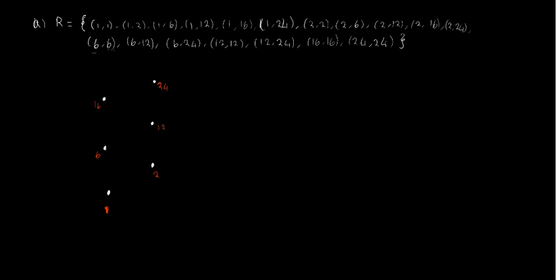Then I'm going to start drawing my arrows. Right? So first of all, we start off with drawing them as they are. So 1 to 1. Basically, this is an E. We're basically saying 1 maps to itself like that. Right? What's 1 to 2? 1 to 2, we're basically saying it maps like that. 1 to 6, we're basically saying that. Right? Then now we're going to say, okay, 1 to 12, this is what we're saying. 1 to 16, we're basically saying that.